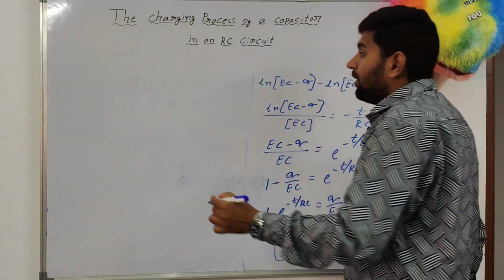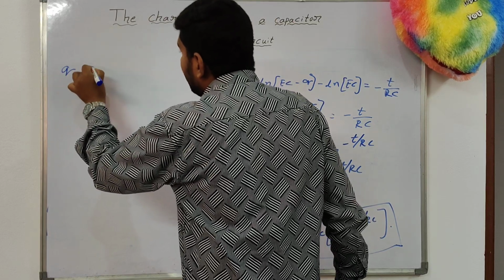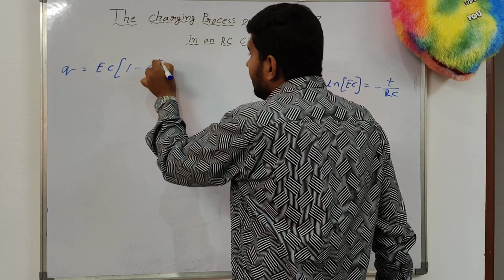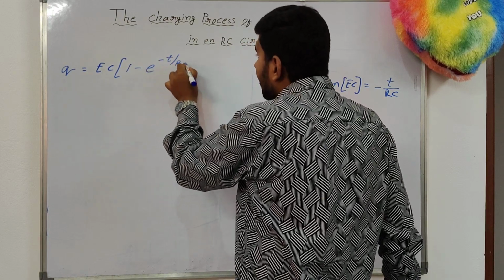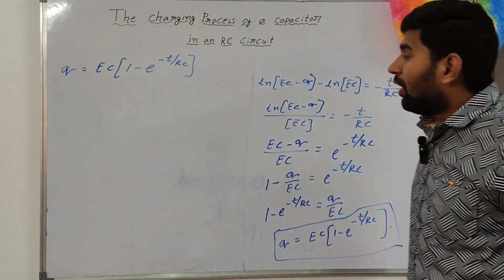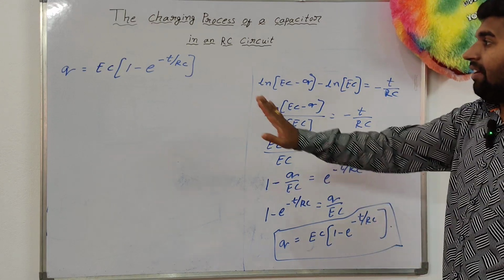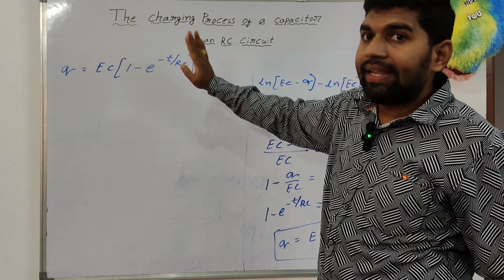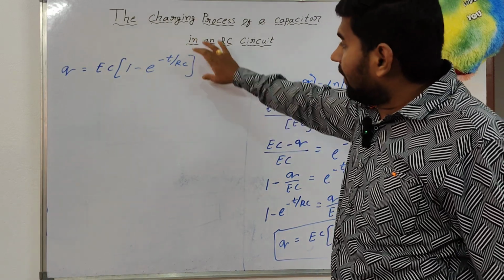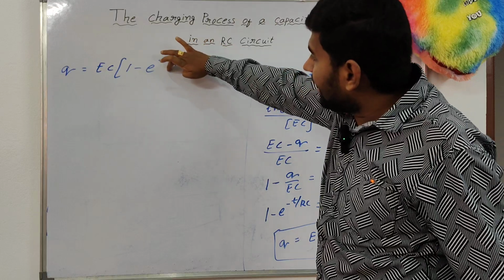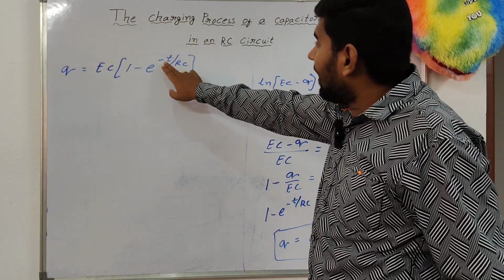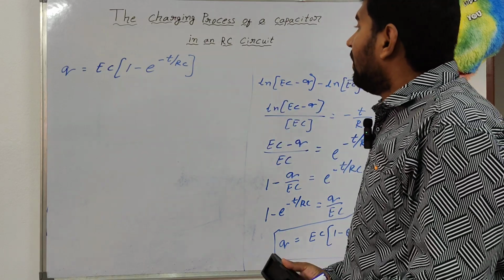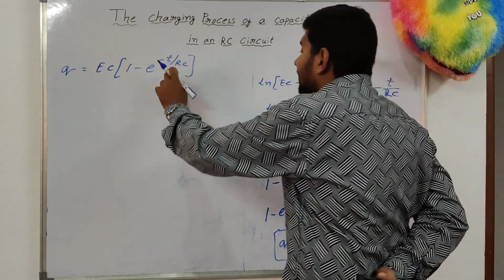Now, q is equal to what you got? EC multiplied with 1 minus e power minus t by RC. If you observe it properly, in the exponential power, x is not having any dimensions. Nothing but minus t by RC is a dimensionless quantity. How will it become dimensionless?